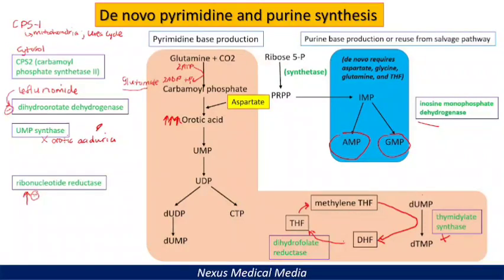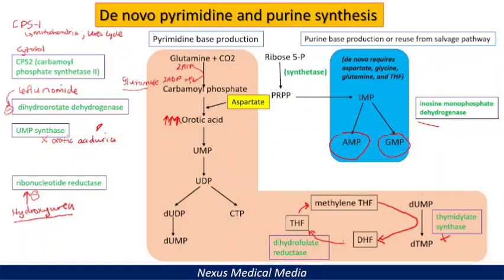That drug is called hydroxyurea. It's an anti-cancer drug. So for the next step, we are looking at the enzymes which are inhibited by different drugs.